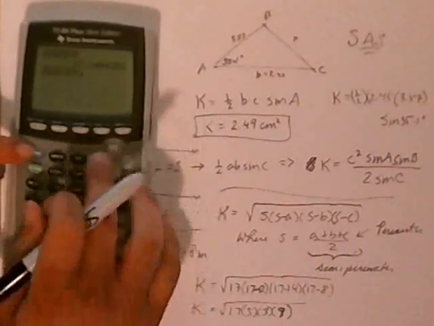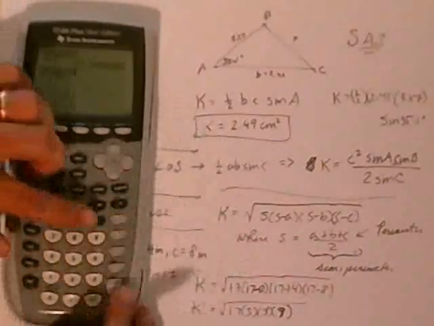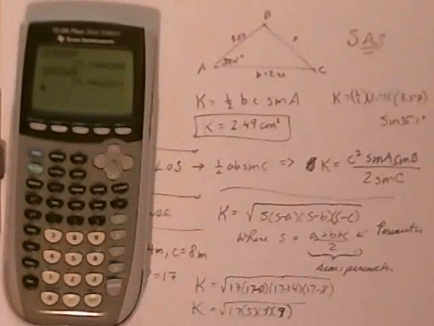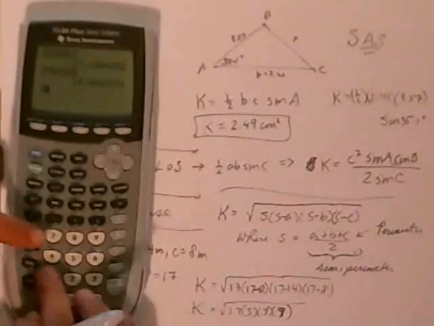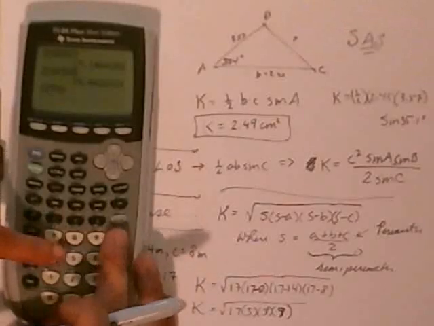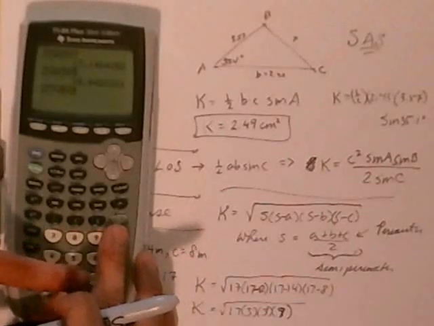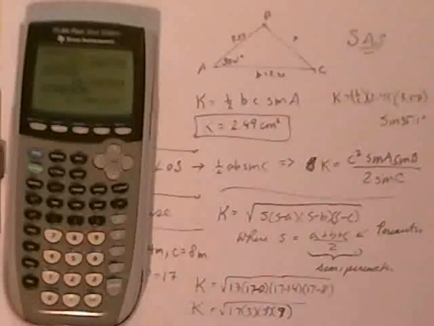So I used the entry key and I put a 9 instead. The square root of 17 times 5 times 3 times 9 is approximately 47.9.